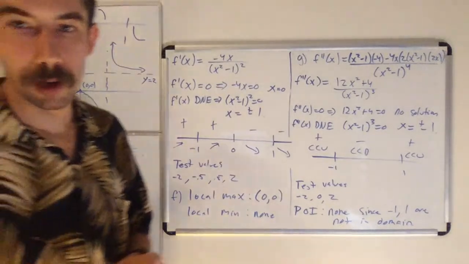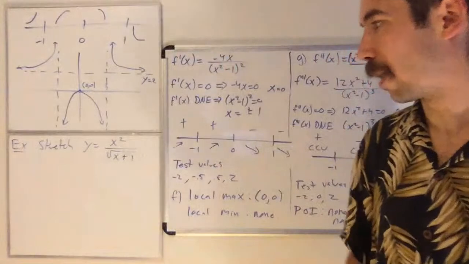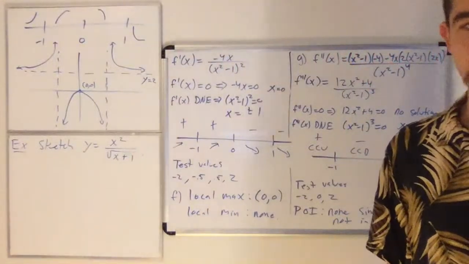So this is sketch y equals x squared over the square root of x plus 1.